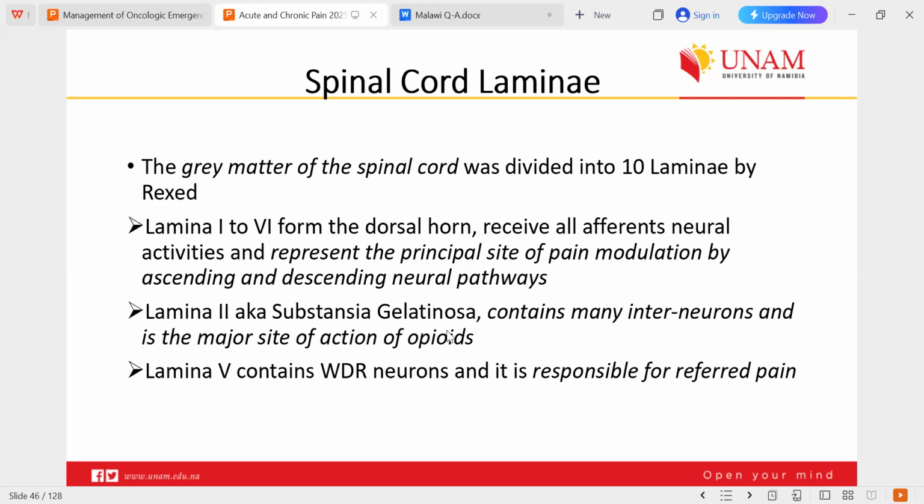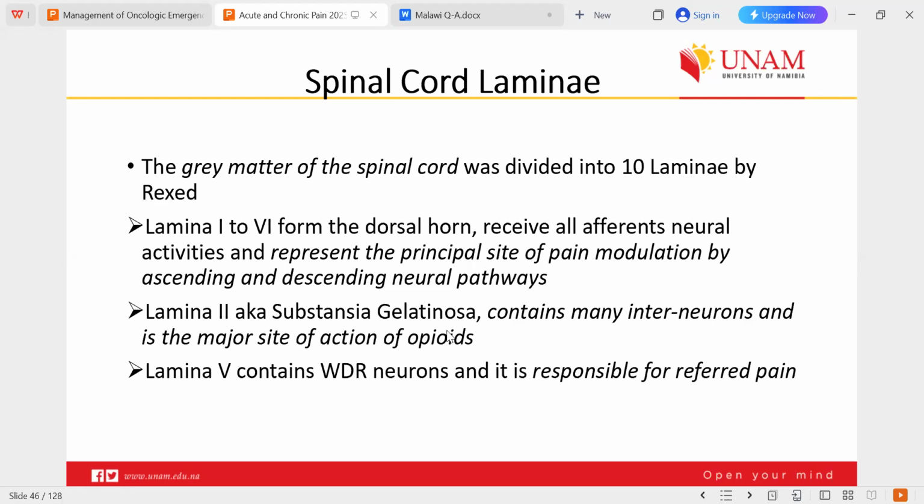The gray matter of the spinal cord is divided into 10 lamina by Rexed, so they're also known as the Rexed lamina, and we're going to look at them as we continue.